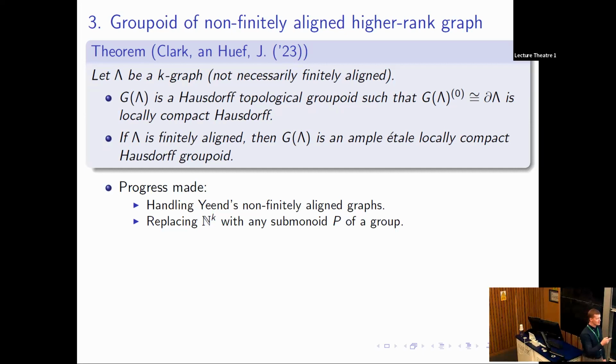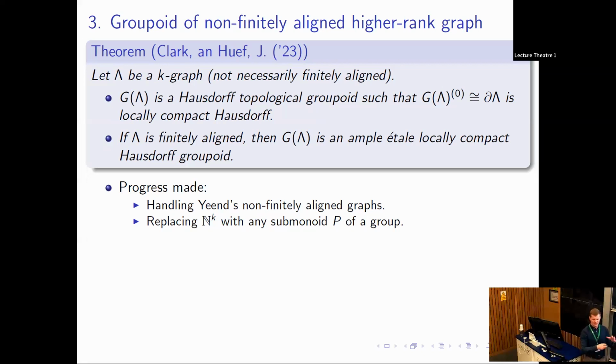So what progress have we made in this way? For the examples that Trent Yen presents in that paper in 2007, where he says that first of all, it's hard to write down a locally compact Hausdorff space, and second of all, it's hard to get operations in the groupoid being continuous. We do have a way of doing it that will reduce nicely to the finitely aligned case. And actually, our construction works verbatim for any submonoid P of a group.